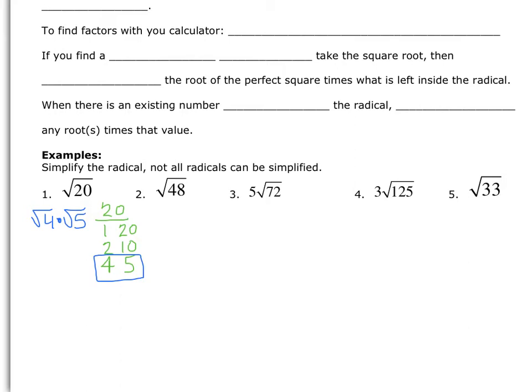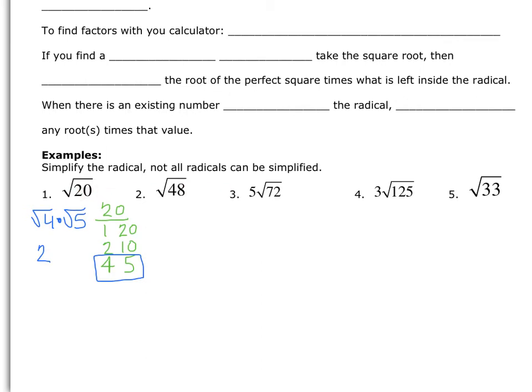So here, this is what happens now. When you have a perfect square, you go ahead and take the square root. So the square root of 4 is 2. This is not perfect because if you take the square root of 5, it is a decimal. We're not looking for decimals. We want to keep everything nice and neat and pretty.